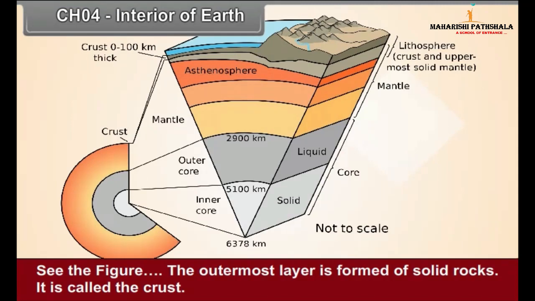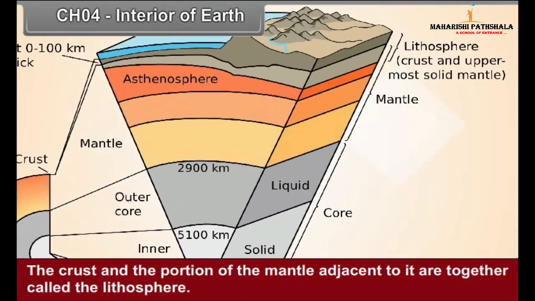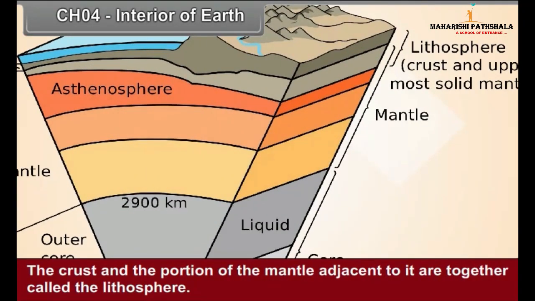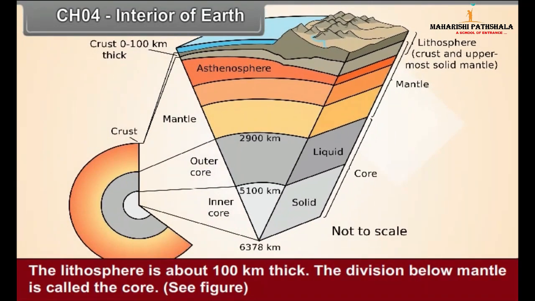The outermost layer is formed of solid rocks. It is called the crust. The division below the crust is called the mantle. The crust and a portion of the mantle adjacent to it are together called the lithosphere. The lithosphere is about 100 kilometers thick. The division below the mantle is called the core.